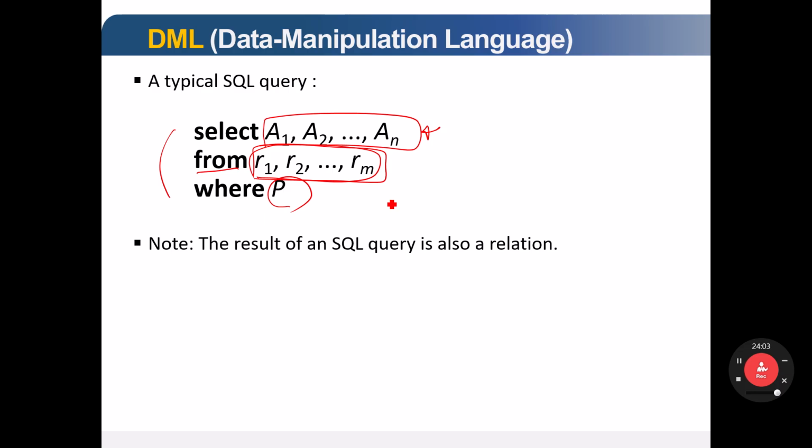Okay? So the selection condition is specified in the where clause, and the table list is specified in the from clause, and projection operation is specified in the select clause. And the output of this select statement is going to be also a table.